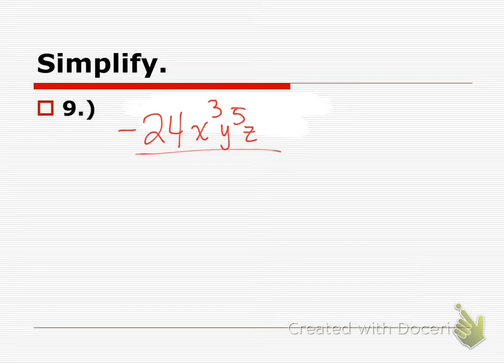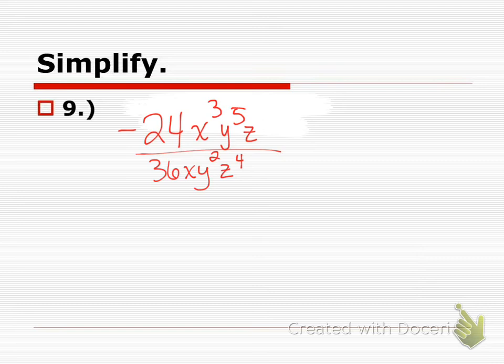I can take it away and write down what we're supposed to have. Negative 24 x cubed y to the 5th z over 36 x y squared z to the 4th.